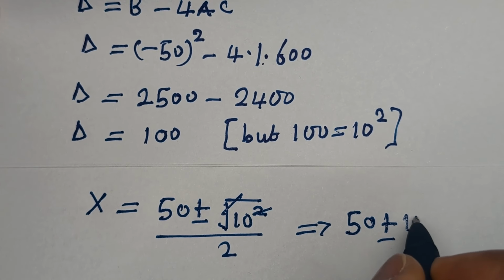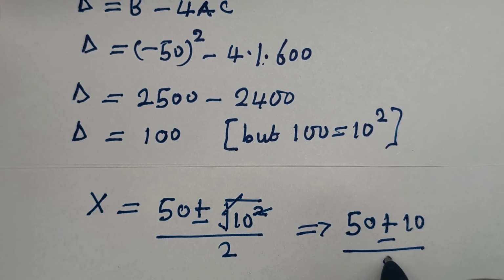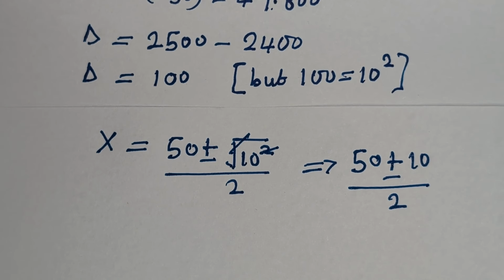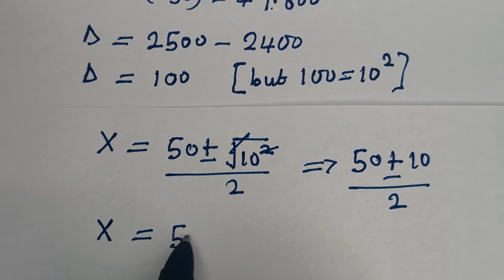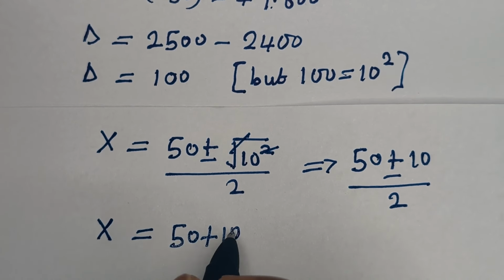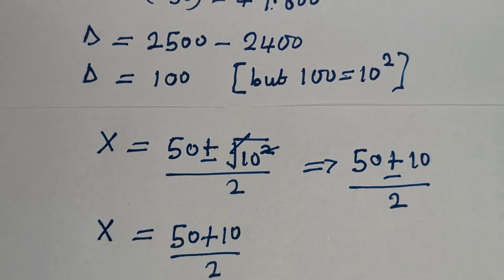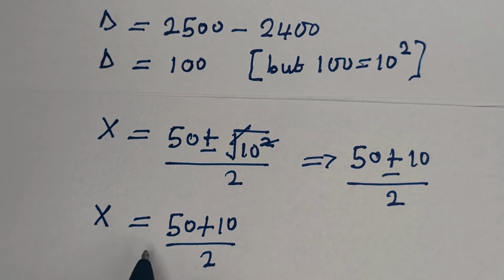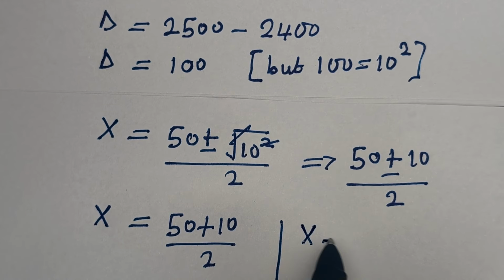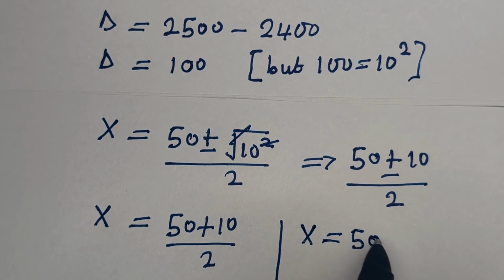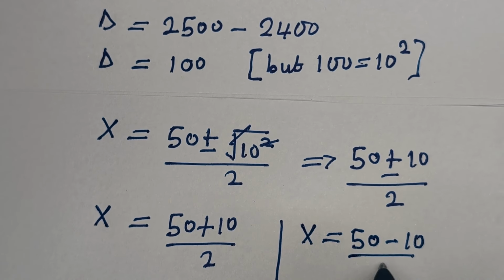We have 10 over 2. x is equal to 50 plus 10 over 2, or x is equal to 50 minus 10 over 2.